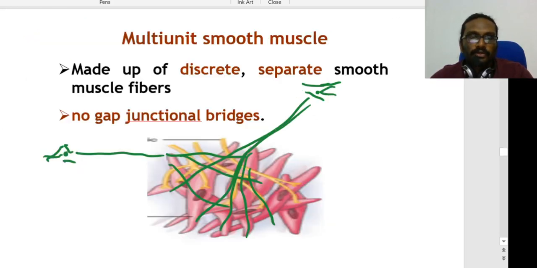But in case of multi-unit smooth muscles, there are no gap junction bridges, they are separately present together in a group as separate cells, they don't have communication between each other.